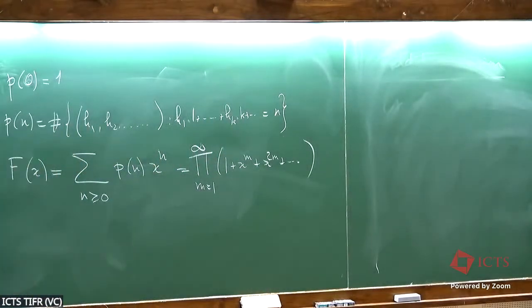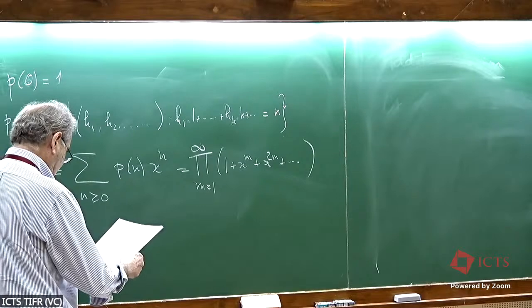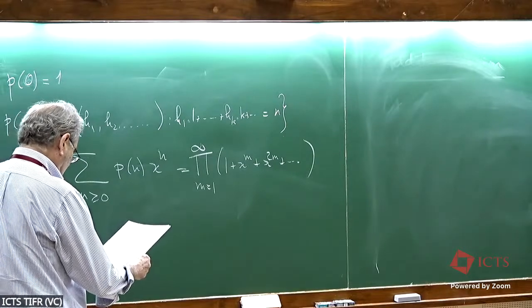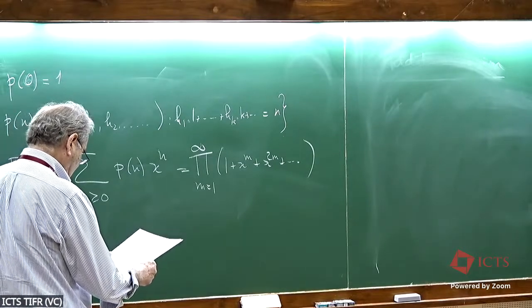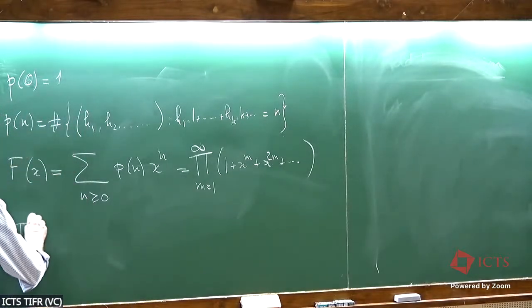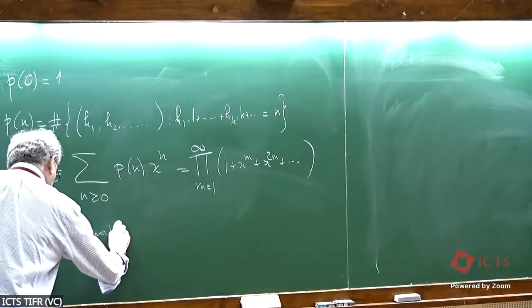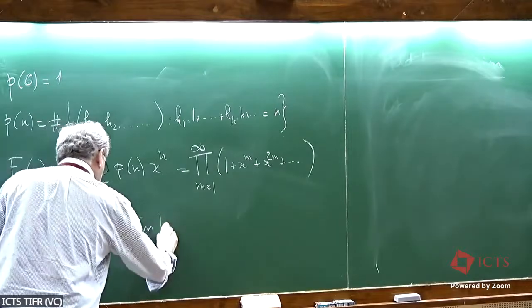And this converges on the unit disk uniformly. Just a little analysis, and I don't want to go into that. So now you have a nice function, f is holomorphic in the unit disk.